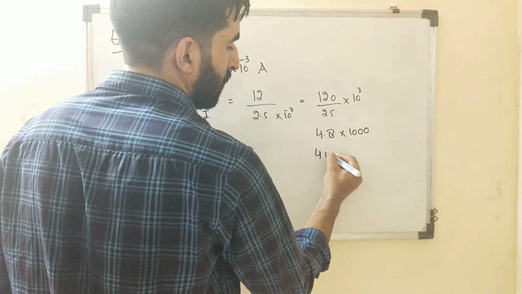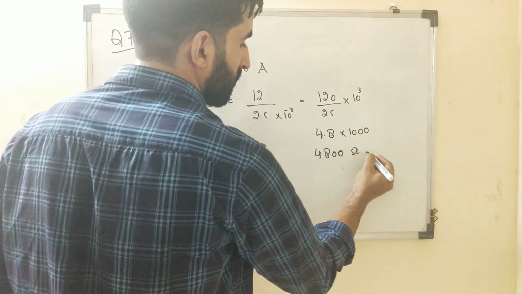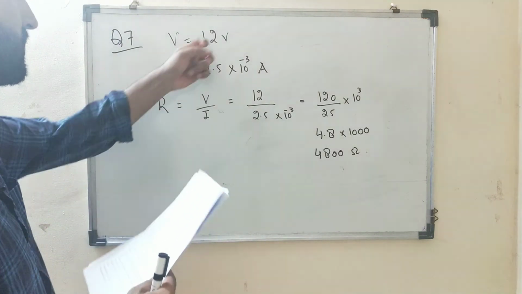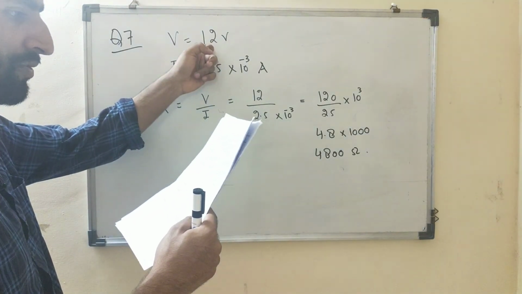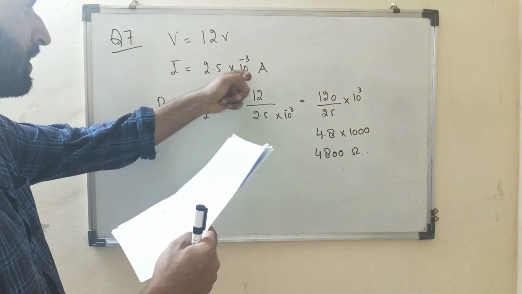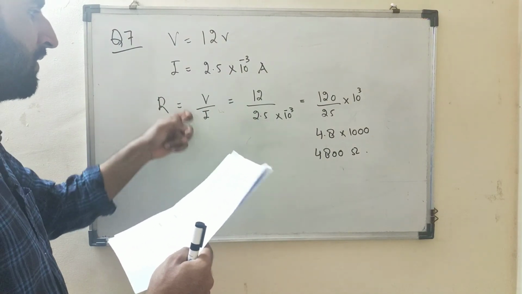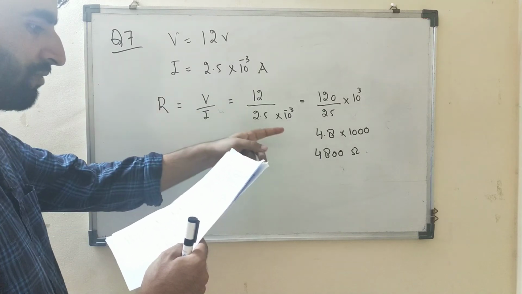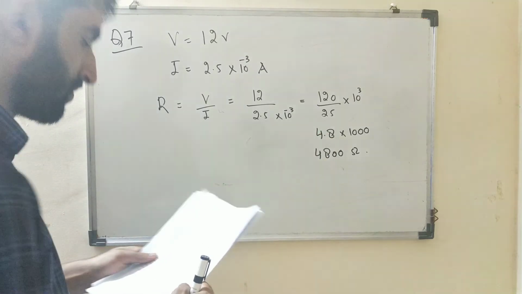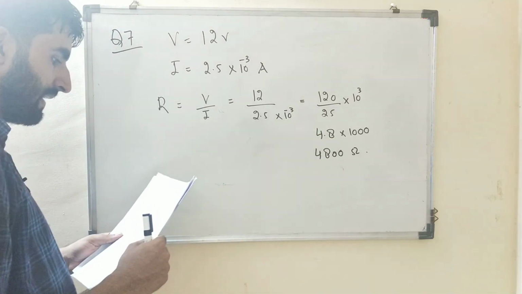So this will be equal to 4800 ohms. Voltage given is 12 volt and your current is 2.5 milliamperes. So you have to divide V by I and you will find that resistance is 4800 ohms, or you can say 4.8 kilo ohms. So that is the resistance.